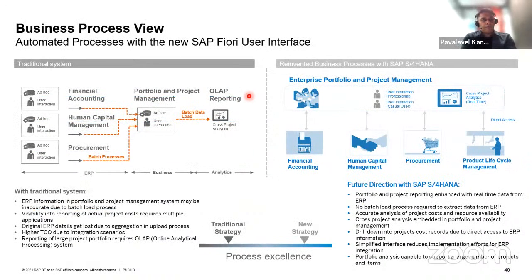Okay, so when we talk about the S4HANA features which are available as part of EPPM here. In the traditional approach, we used to have a standalone EPPM system. So financial and human capital related information, procurement information, used to be sent as batch requests to your portfolio and project management.